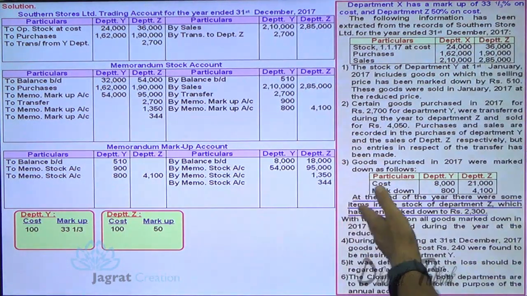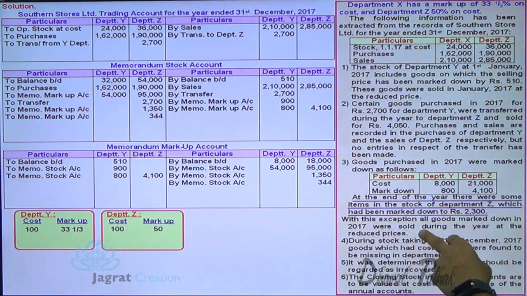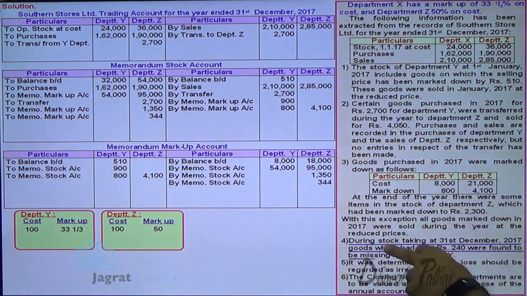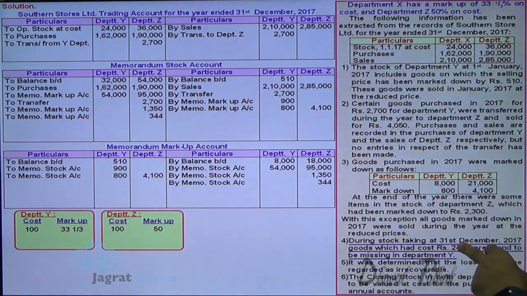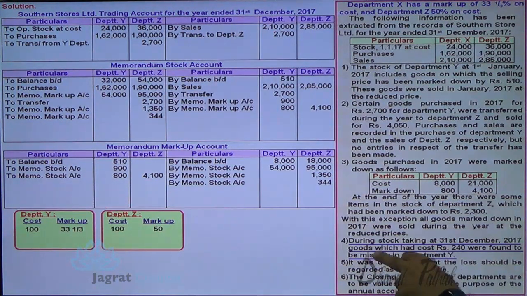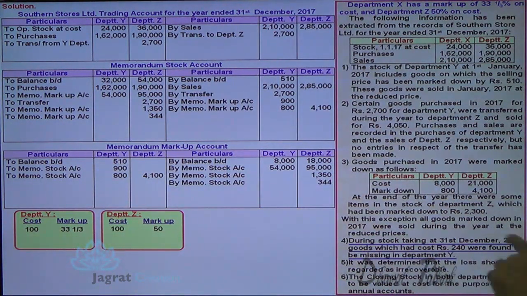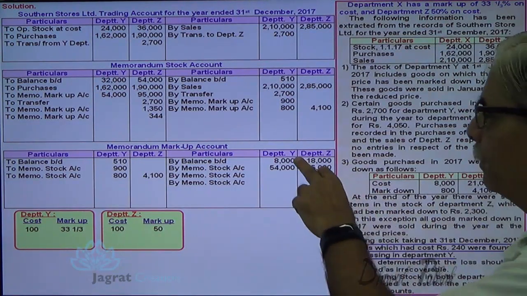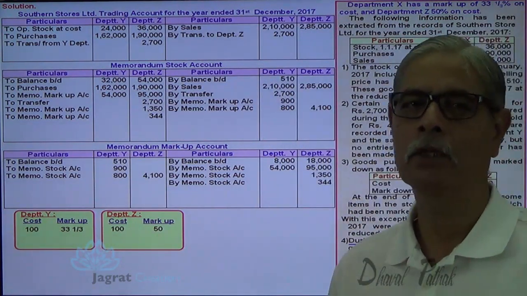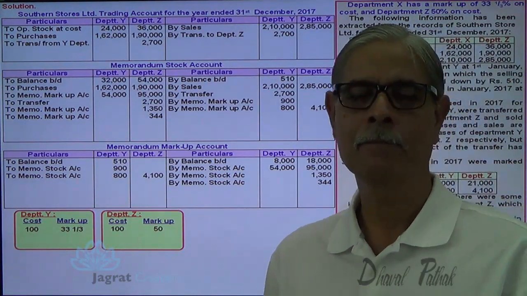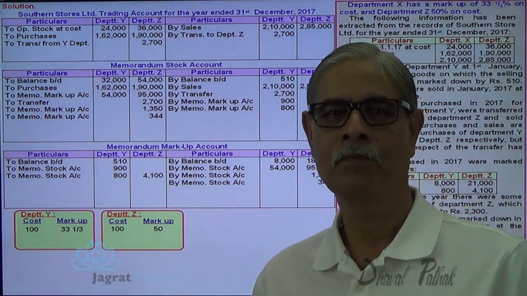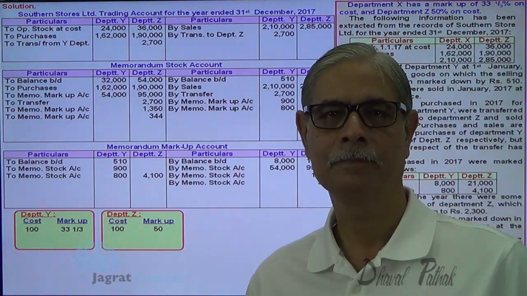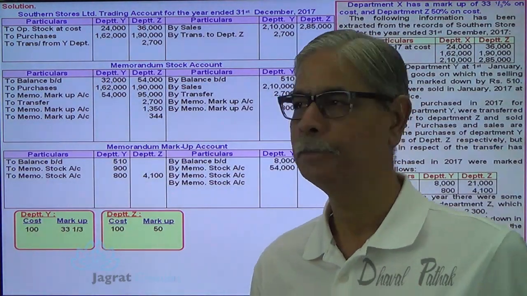Now practically all the points are covered. Oh, of course there is a loss. Now during the stock taking, on 31st of December 2007, goods with a cost of 240 were found to be missing in Department Y. In Department Y, there is a normal loss. Normal loss is to be credited at cost to the trading account.